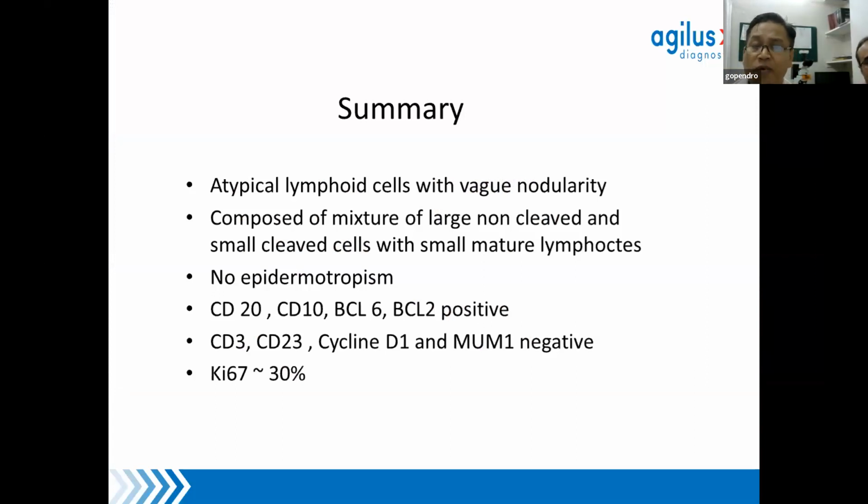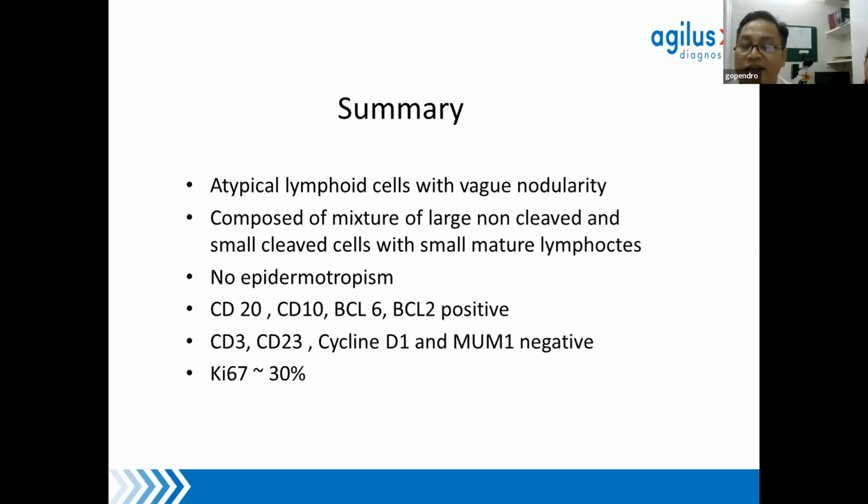It is composed of a mixture of large non-cleaved as well as small cleaved cells, in the background of small lymphocytes. And one good point is that there's no epidermotropism. The cells are CD20 positive, CD10 positive, BCL6 diffusely positive, and BCL2 focally positive. They are negative for CD3, CD23, cyclin D1, and MUM1 was focally positive.